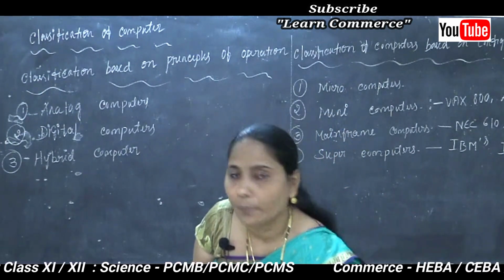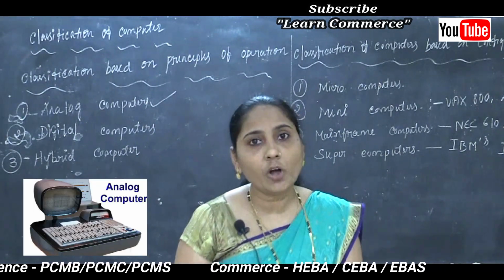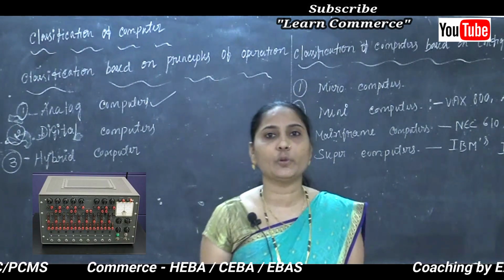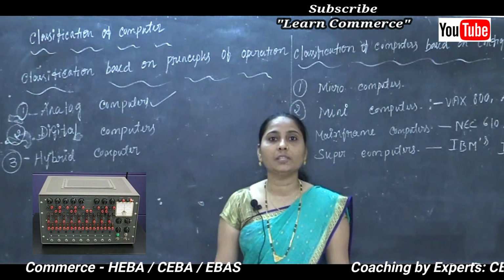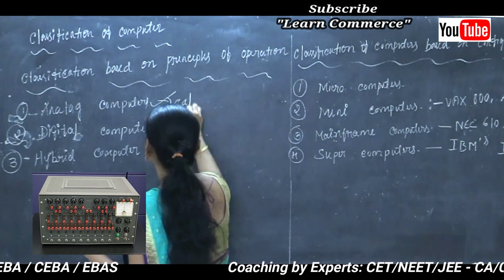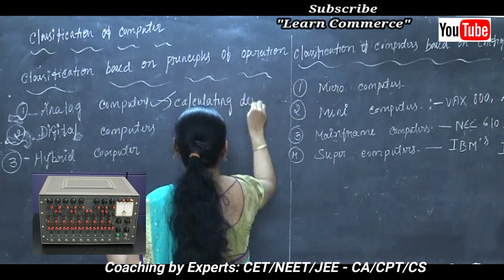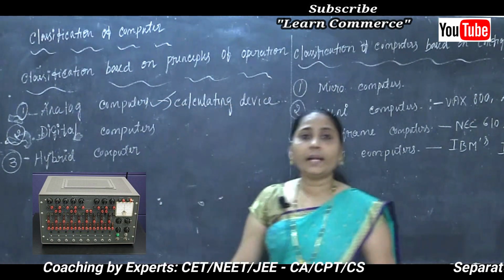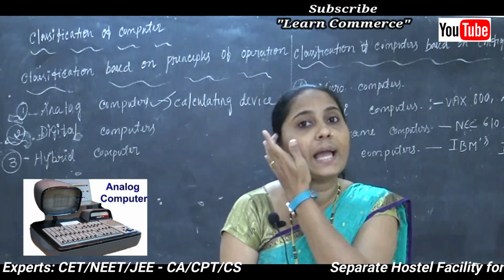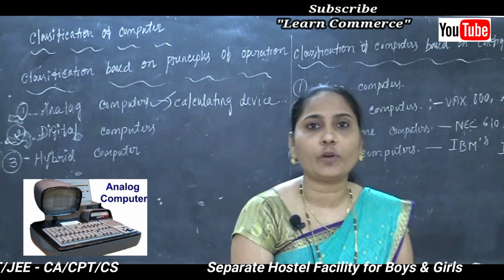The first computer is the analog computer. The analog computer is a computing device, or we can say a calculating device. A computer is a calculating device, there is no doubt.